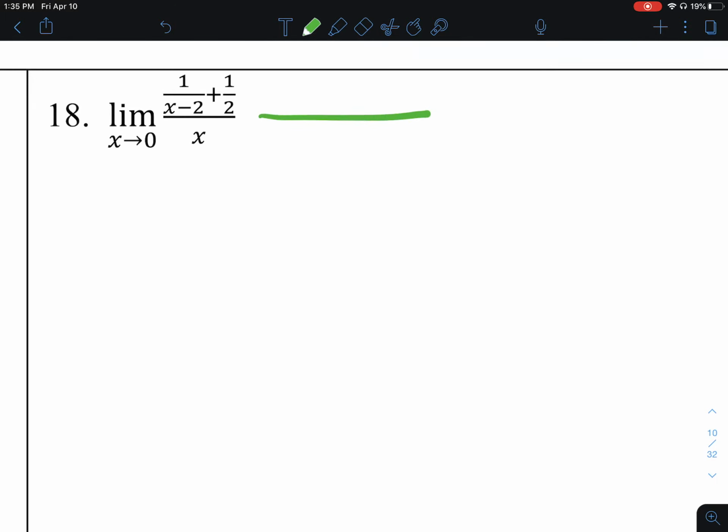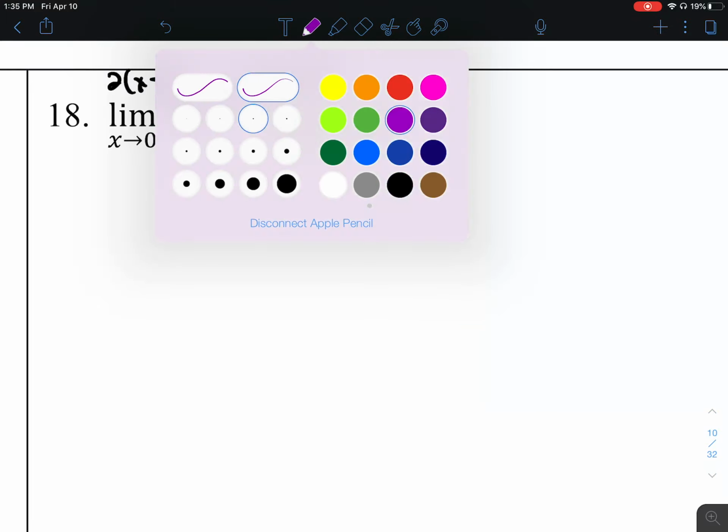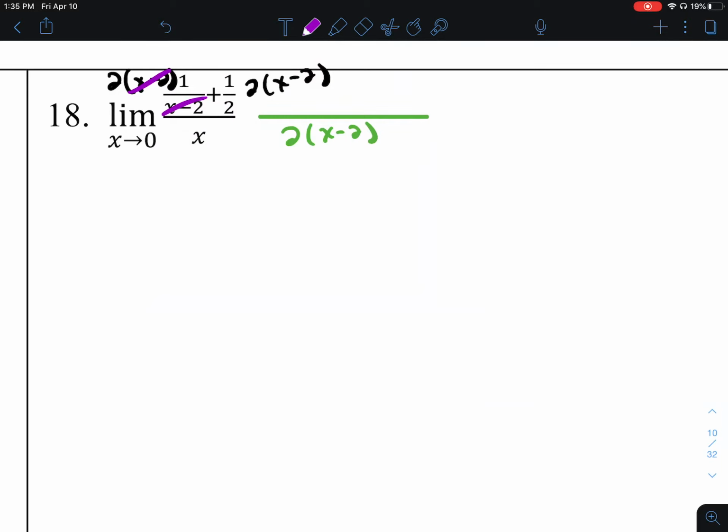I'm going to multiply this by 1 in the form of 2 over 2 times x minus 2. When I distribute that, since there's two terms on the top, I'm going to have this twice. First term, the x minus 2's cancel. Second term, the 2's cancel. So this is going to be the limit as x approaches 0.